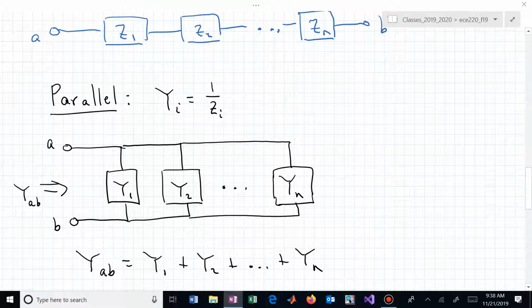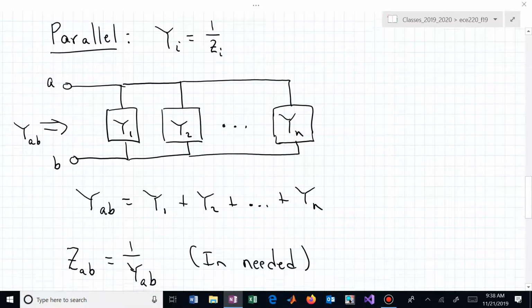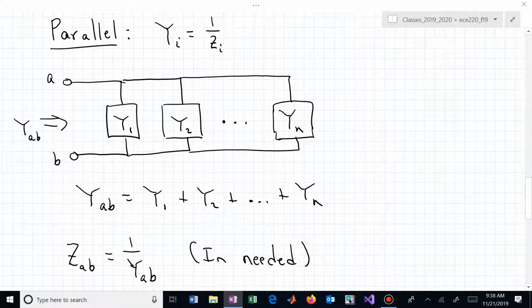You would just invert Y sub AB. But to combine those impedances, you could just add their admittances and then invert at the end if needed.